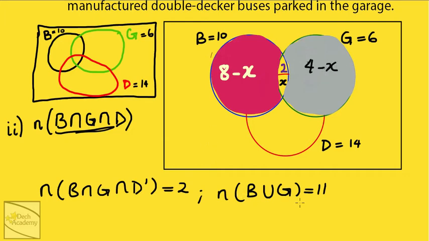So B union G is the pink region, plus this region in the middle here, plus this gray region.